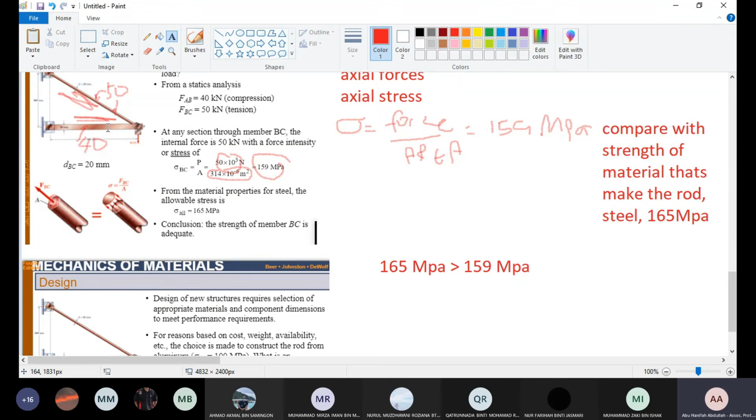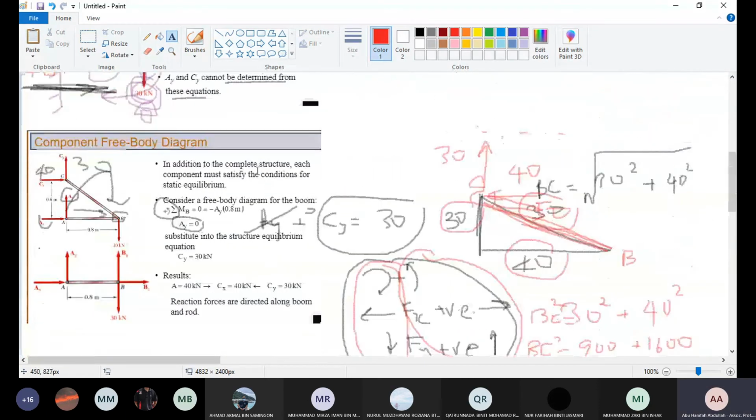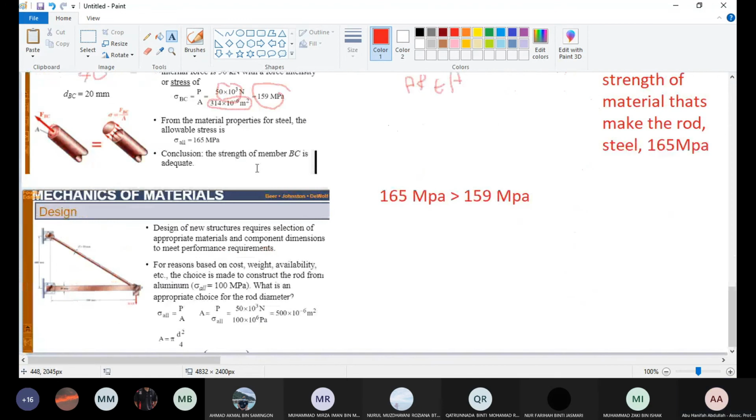You make comparison. If the forces give you the stress lower than the material stress, then the structure will not fail. If the applied force gives you the stress higher than material stress, then the structure will fail. That's it. This is stress analysis. So whatever you learn, whatever you do in this mechanics of materials, is just for that.